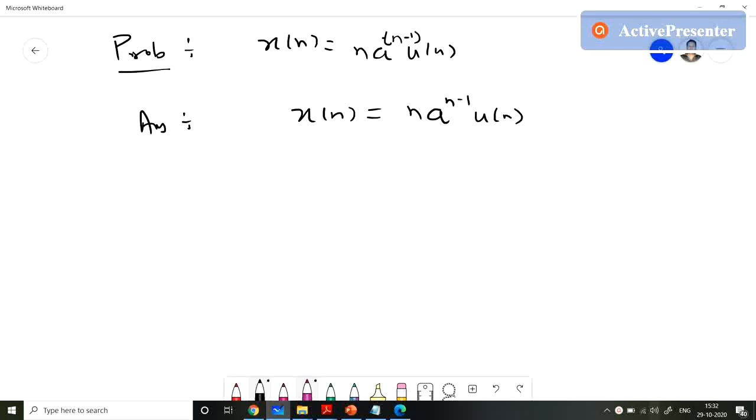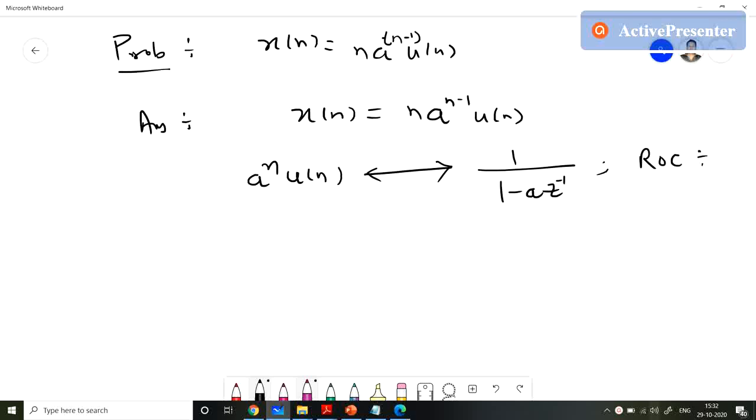Now we know that the z transform of a raised to the power n u[n] is 1 divided by 1 minus a z inverse, and the ROC is modulus of z greater than modulus of a.